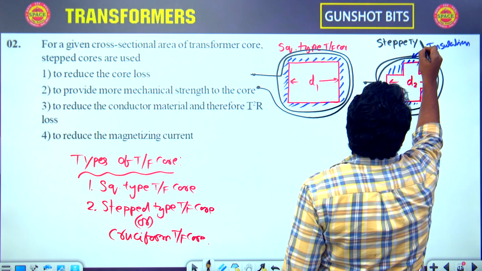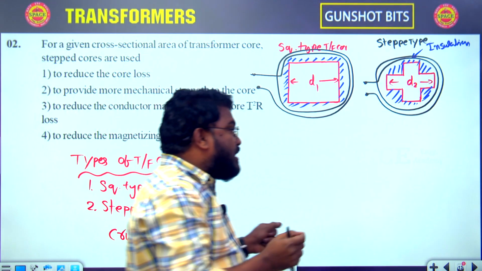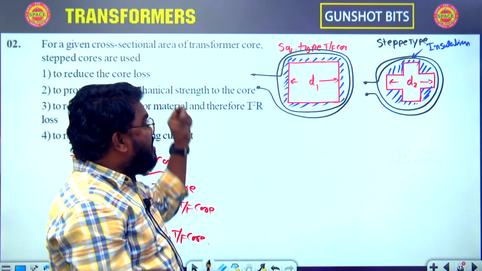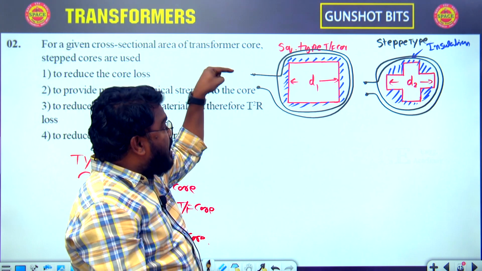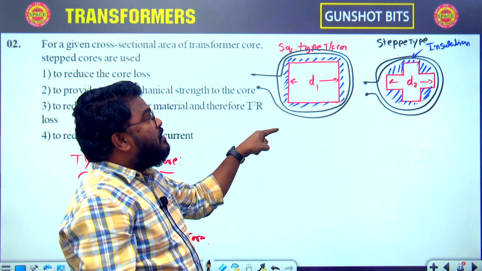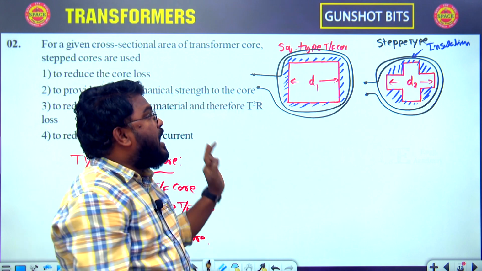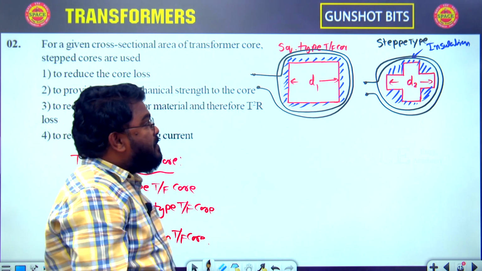Now here, the length of the copper wire per ton in the square type transformer is more as compared to the stepped type transformer core.